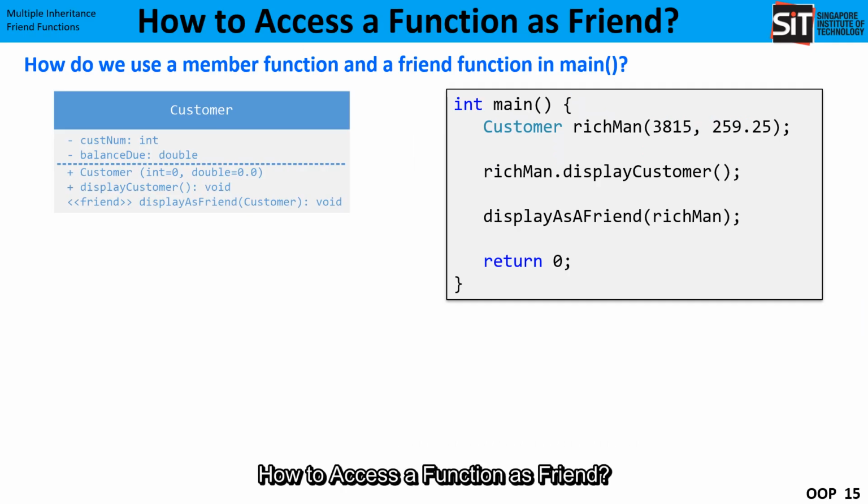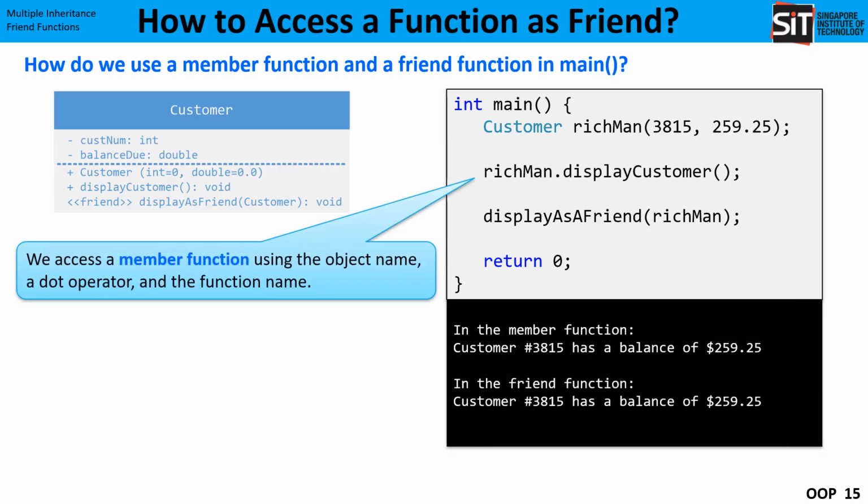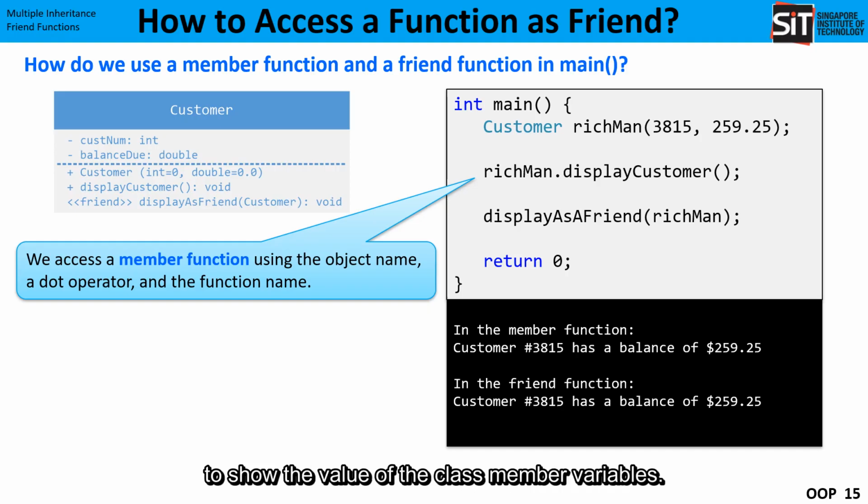How to access a function as friend? In other words, how do we use a member function and a friend function in the main? In the main function, we create an object richman of a class customer. We could use the member function richman.displayCustomer to show the value of the class member variable.